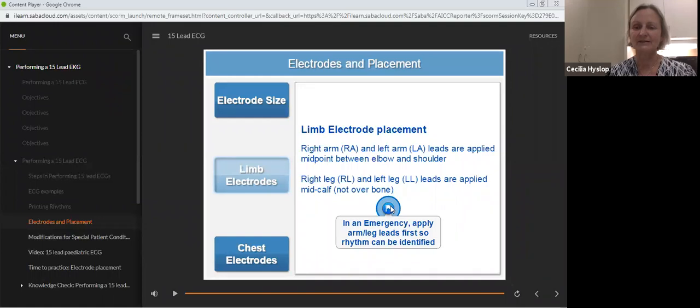Then the cardiologist, if they're trying to decide what rhythm this patient is, at least they will have the limb leads coming across the screen, because it takes a bit more time to put V1 through V7 and V3R and V4R on the chest. And so they can decide whether they need to stay or go, depending on what they actually see from the limb leads at least.